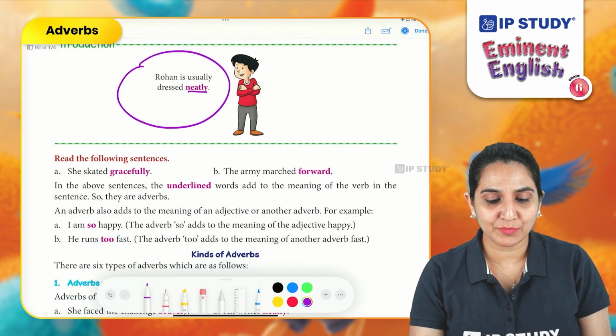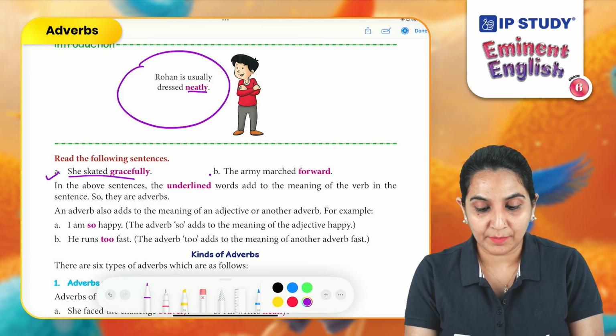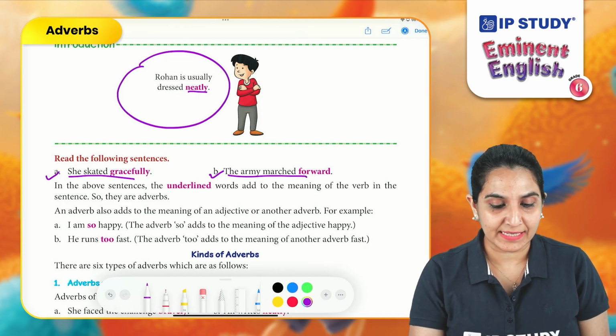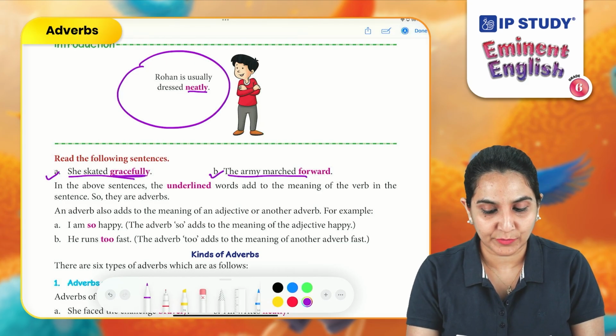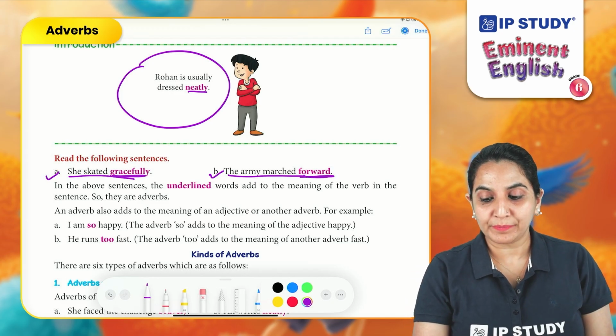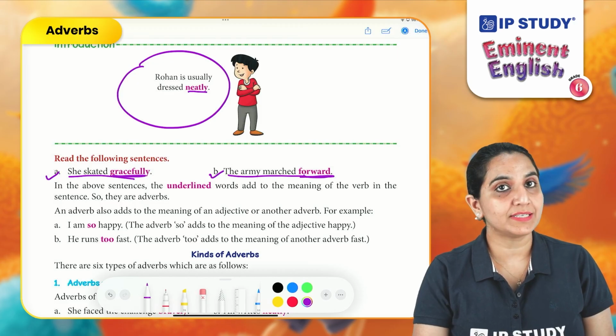Let us read some more sentences. She skated gracefully. The army marched forward. In all of these sentences, the words gracefully and forward add to the meaning of the verb in the sentences. So they are called adverbs.